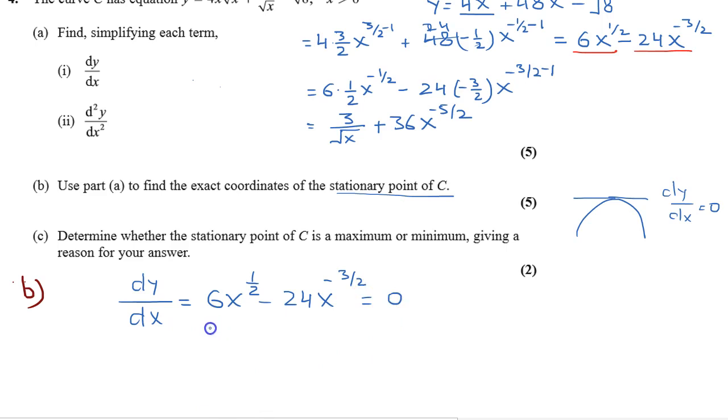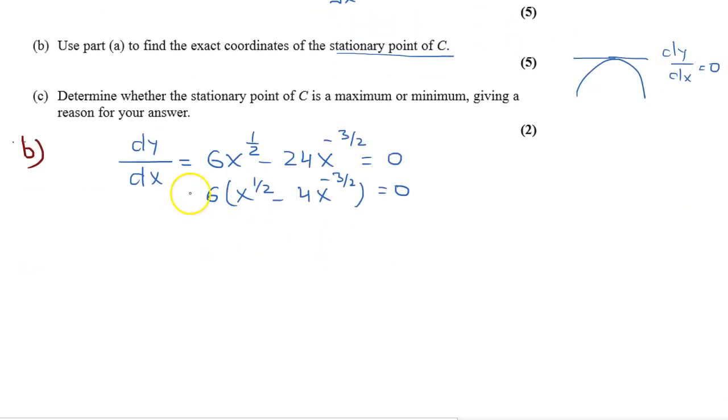So if we take 6 common, x to the power half minus 4x to the power minus 3 over 2 is equal to 0. 6 multiplied by this equals 0, 6 is not 0, so x to the power half minus 4, this I can write as x to the power 3 over 2, is equal to 0.